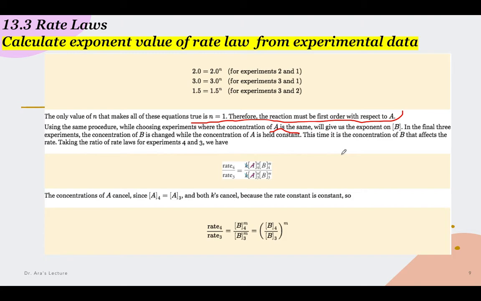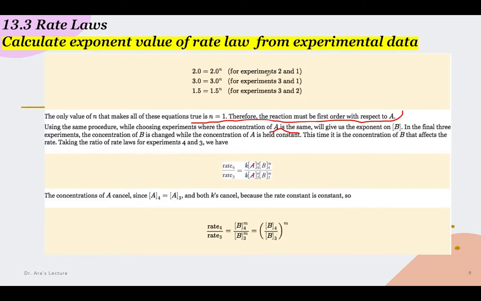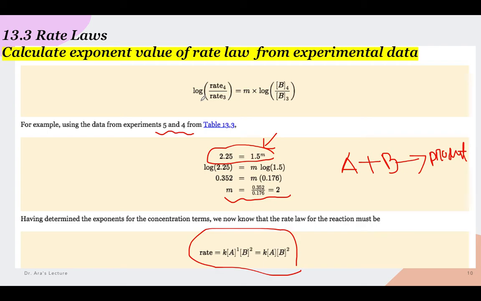The value we find comes from the same procedure and the same calculation, using the data from experiments 5 and 4. Like we did for experiments 2 and 1, experiments 3 and 1, experiments 3 and 2, similarly we did for experiments 5 and 4.